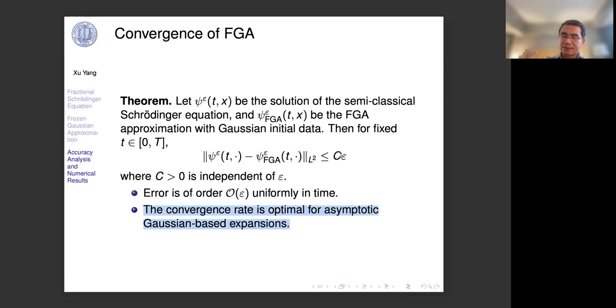In that sense, when the Gaussian wave packets do not have the same weights, you don't always have a cancellation effect. Although the theoretical result can be epsilon to the power half for the Gaussian beam method, in reality you may sometimes see higher order convergence numerically because of the cancellation. But since the wave dynamics is dynamic, the cancellation may not always happen.